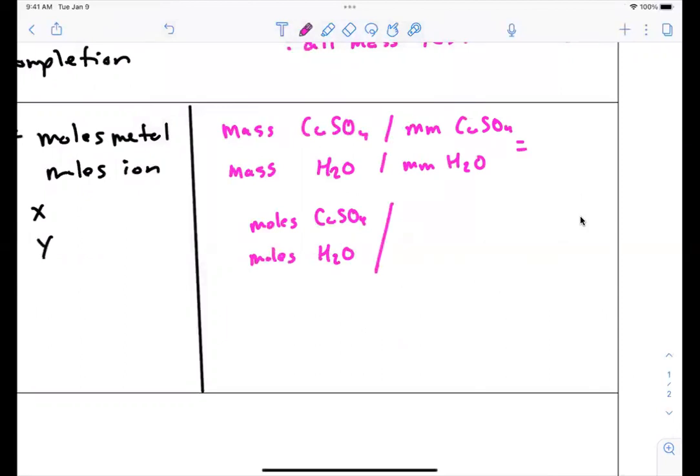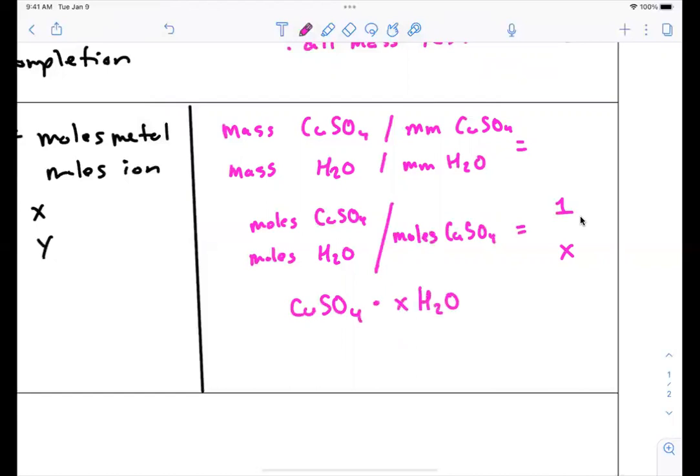And I'm going to tell you right now, for hydrates, you should be dividing by the moles of CuSO4 because water is always going to be a multiple of one or more. So it should always be CuSO4. And then you'll get 1 and then some value here, and that value becomes the value that you put in front of the formula for the hydrate.